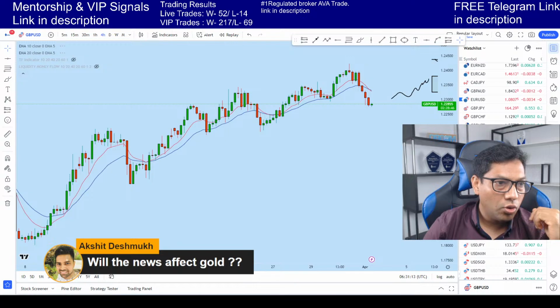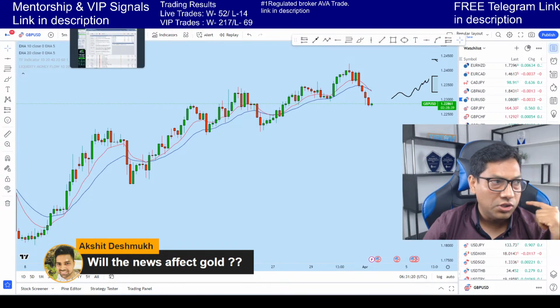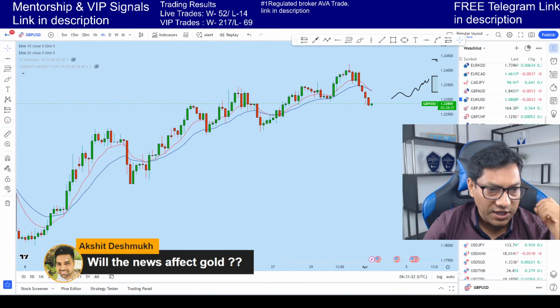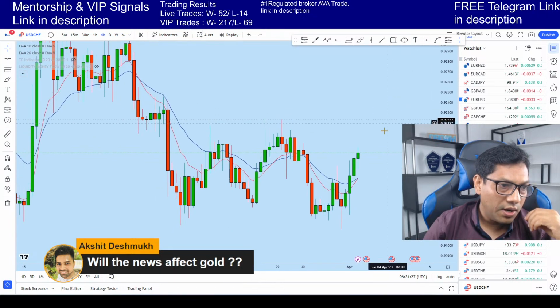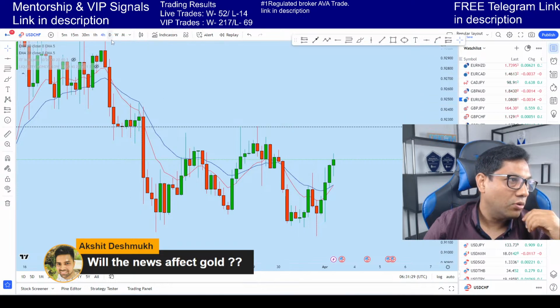But if you look at GBP USD, you can see there isn't much movement on this one. That means the dollar is not getting affected, but the CHF itself is getting weaker. It may not be a big move, but we could see some short-term movement to the upside.